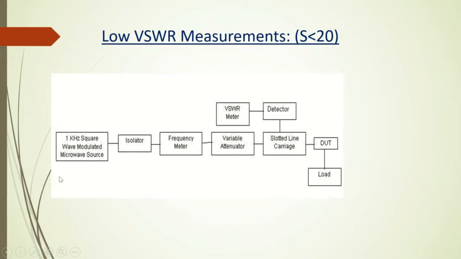You have the microwave source where a signal is put. Then you have the isolator, the frequency meter, variable attenuator, slotted line carriage, the detector, the device under test, the load, and the VSWR meter.